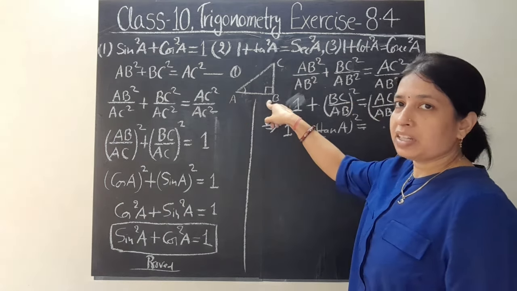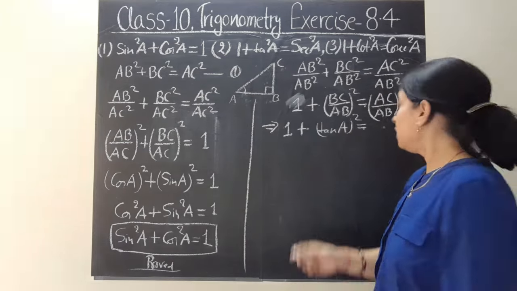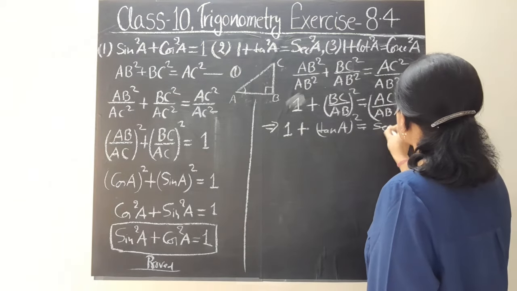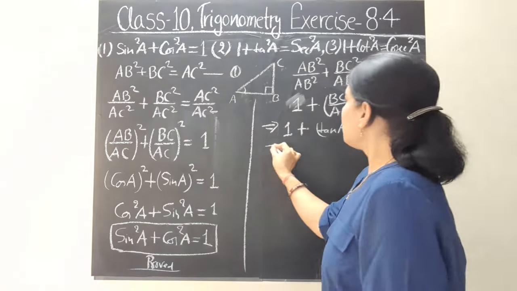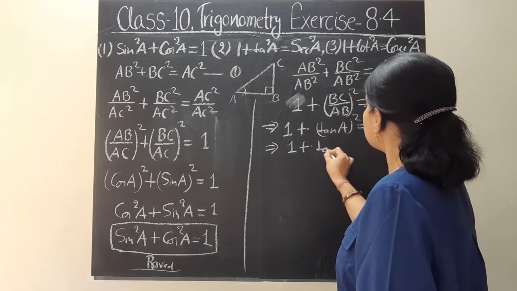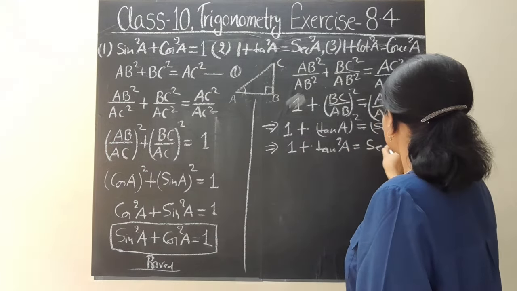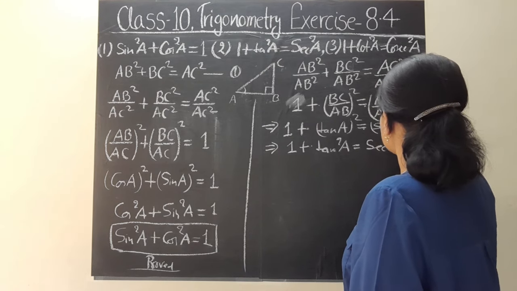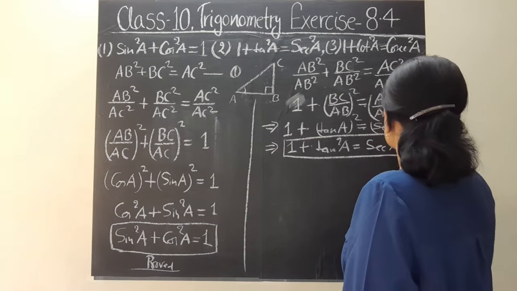AC by AB, hypotenuse divided by base will be sec A. So write here sec A whole square. So we can write finally 1 plus tan square A is equal to sec square A. This one is second. This is proved.